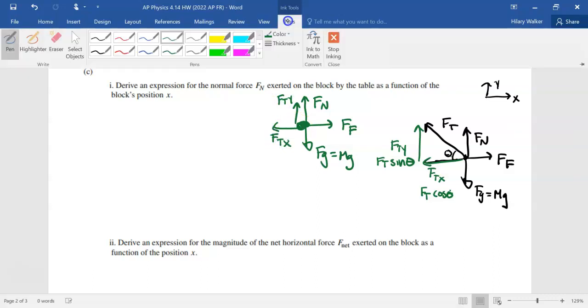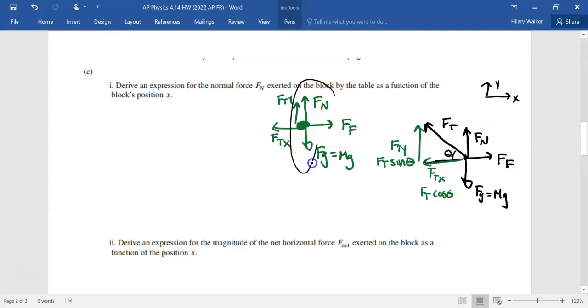Okay, so we want to find Fn, so we're going to have to look at the y direction. So let's go ahead and set up Fnet in the y direction. So Fnet y is going to be equal to Fty, which is going upwards, Fn, which is going upwards, and Fg, which is going down, so I'll say minus. Okay, let's think about what's happening in the y direction. It's not moving in the y direction, so Fnet y is going to be 0.